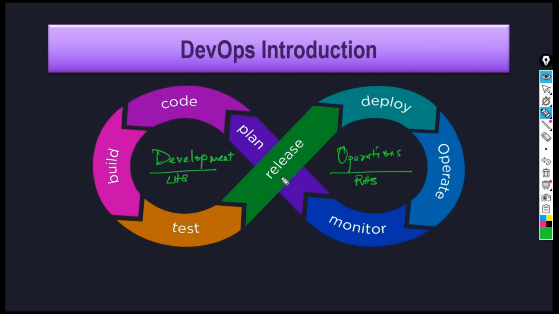When we start any software project, we first of all start with planning. This is the first stage. Then we go to design and building, where you implement the code. Basically, the coding part starts over here.